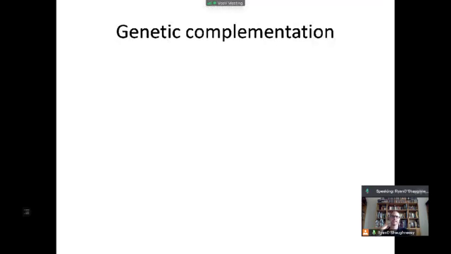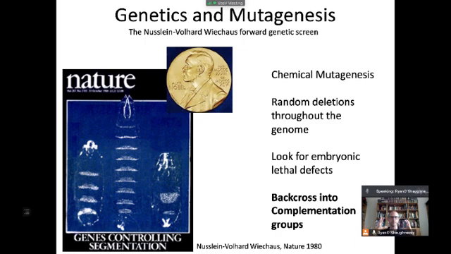So let's look at this idea of genetic complementation, particularly in the context of that Nusslein-Volhard screen. Remember what happened in this Nusslein-Volhard screen, where we had wide-scale chemical mutagenesis which induced random changes and deletions throughout the genome.